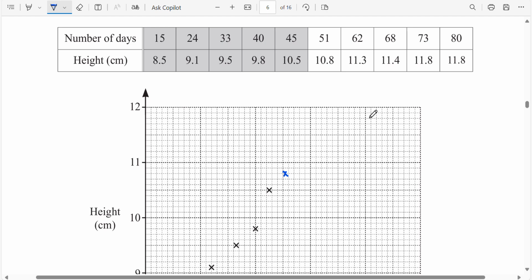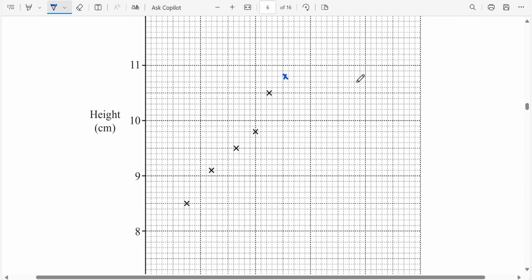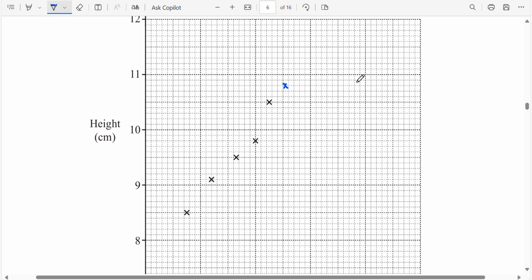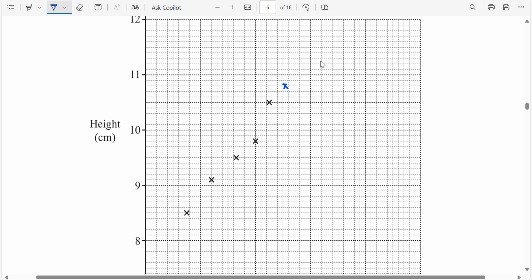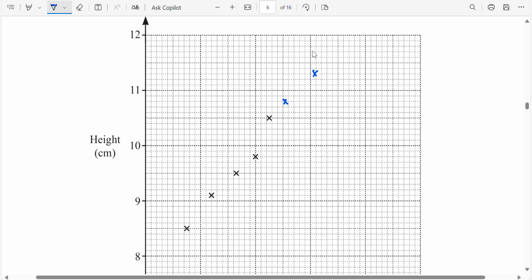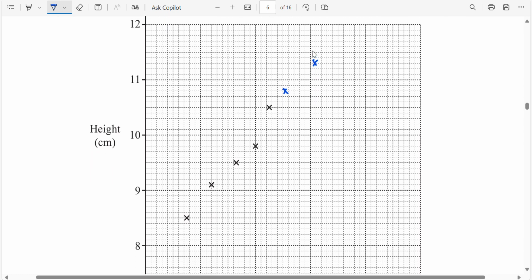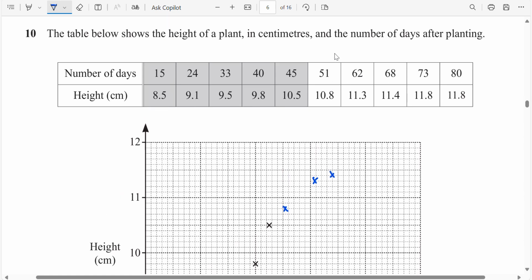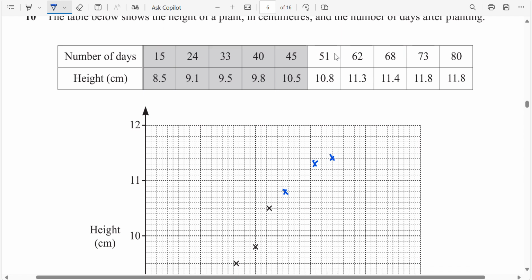Next we have 62 and 11.3. So if this is 60, this is 62, 11.1, 11.2, and 11.3. Next we have 68 and 11.4. So here is 68 and 11.4. 73 and 11.8.